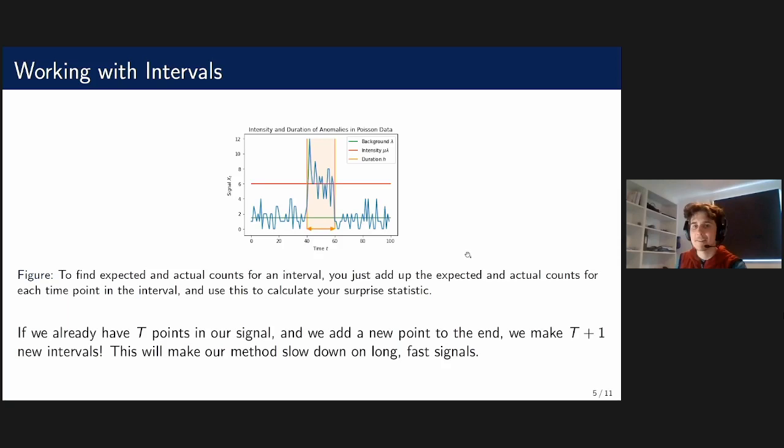But the problem we get when scanning over intervals is that if we already have t points in our signal, and we add a new point to the end of our signal, we've created t+1 new intervals. This is horrifying if we are working at this kind of edge analytic speed, because we can't check these intervals. They will slow down. Our algorithm will slow down as our signal goes into the infinite horizon. So we have to do something about this.